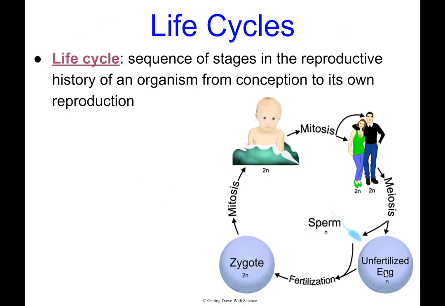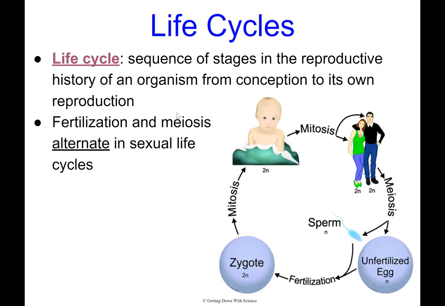We have an egg for the female and a sperm for the male. Notice that these are haploid. They're N. When they join in the process of fertilization, when conception occurs, they create a zygote, which is 2N, which then will go through mitosis, developing until it becomes a baby that is born, back to the beginning of the cycle.